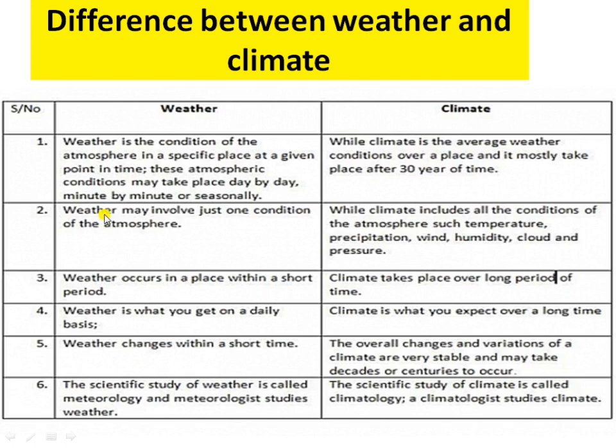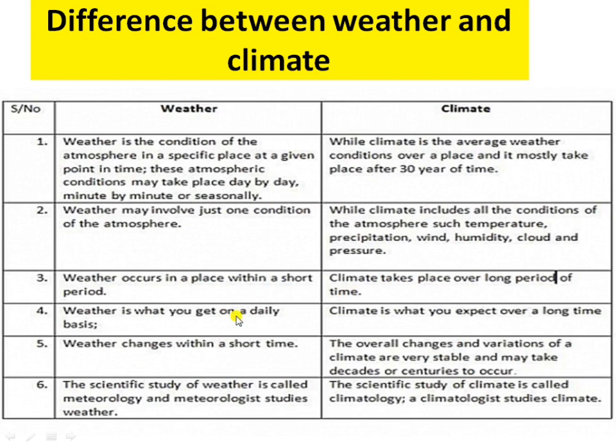Weather may involve just one condition of the atmosphere, but climate includes all the conditions, such as temperature, precipitation, wind, humidity, cloud and pressure. Weather occurs in a place within a short period, but climate takes place over a long period of time.